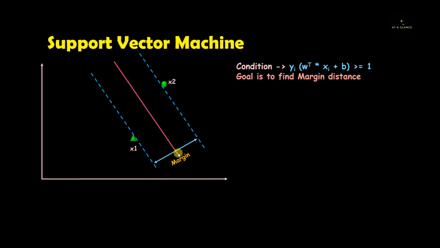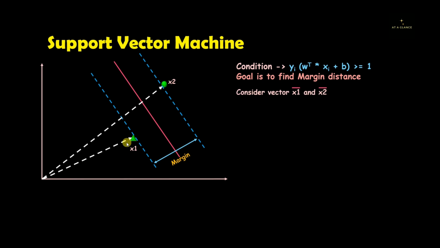We have this particular case of x1 and x2 and we also have the margin. Basically, we have the condition that y of i multiplied by the expression will always be greater than or equal to 1. Now with the help of this particular condition, we'll find out the margin distance. So basically these 2 points x1 and x2 are nothing but vectors, so they will have a certain direction. So let's draw that direction. You can see that x2 and x1 have this particular direction.